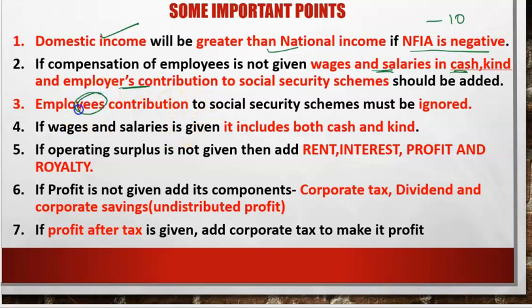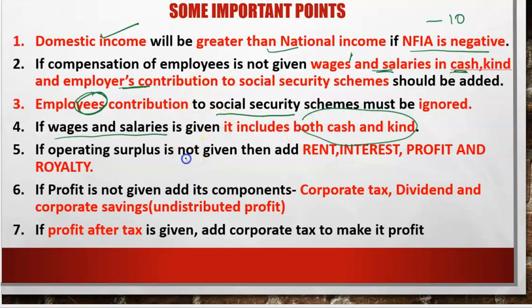Employees contribution to social security scheme, ये बिल्कुल नहीं आएगा क्योंकि employees का contribution उसकी wages में से ही होता है. So sometimes to confuse you, in the numerical it is given employees contribution, so no, you have to search for employer's contribution. If wages salary alone is given, इसका मतलब it includes both cash and kind.